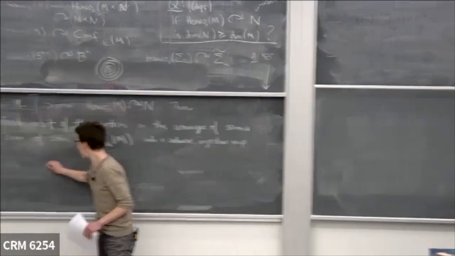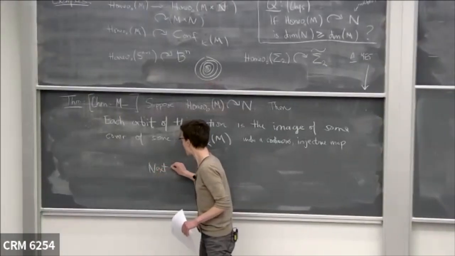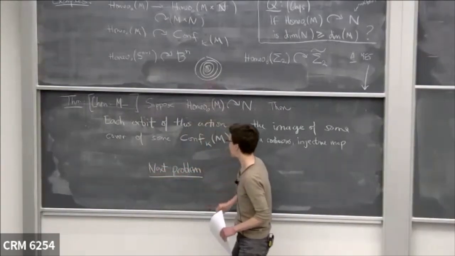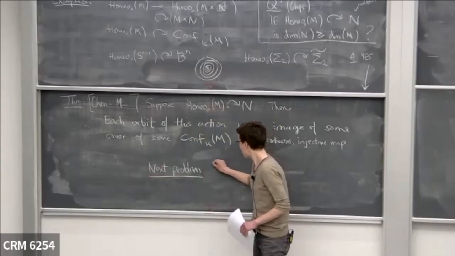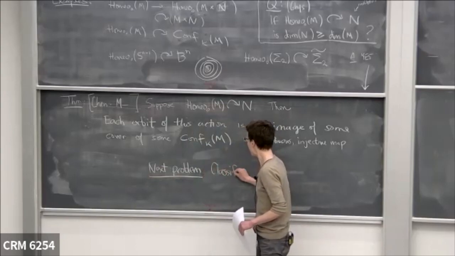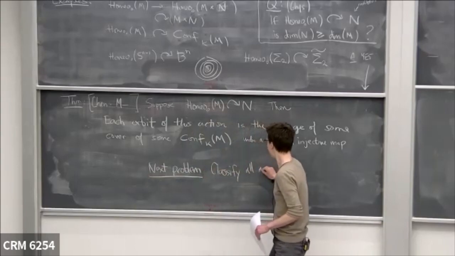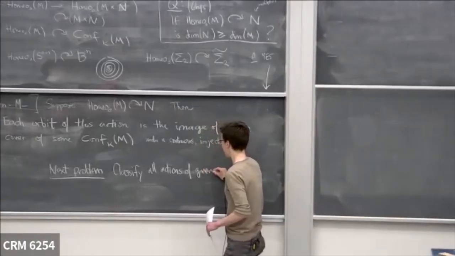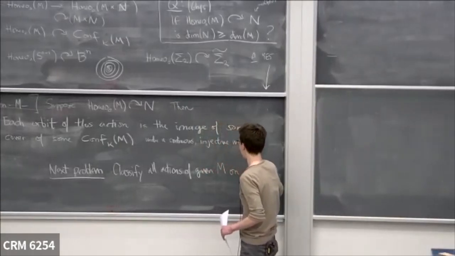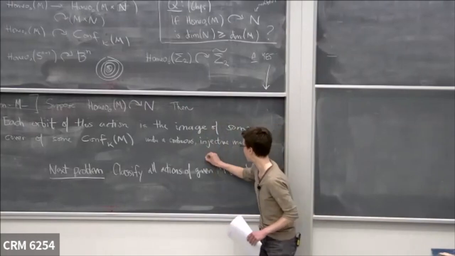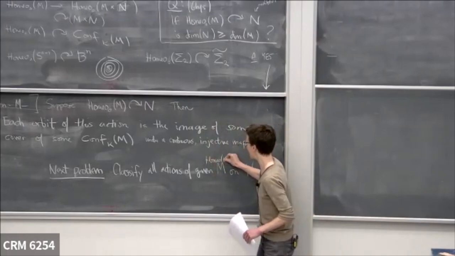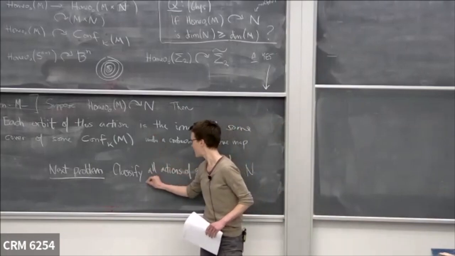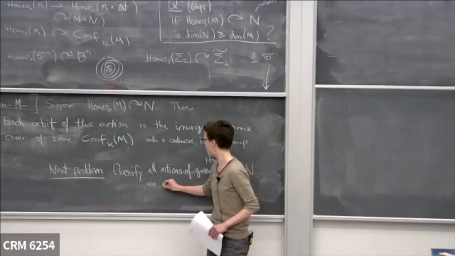But there's still a giant next problem, a whole family of problems, which we say only a little bit about, and that's to classify all actions of Homeo of M on a given N, by understanding how orbits move together.